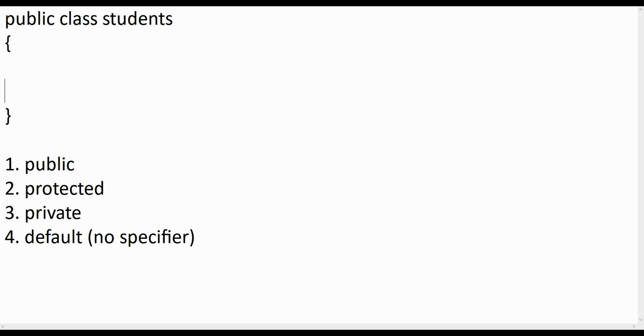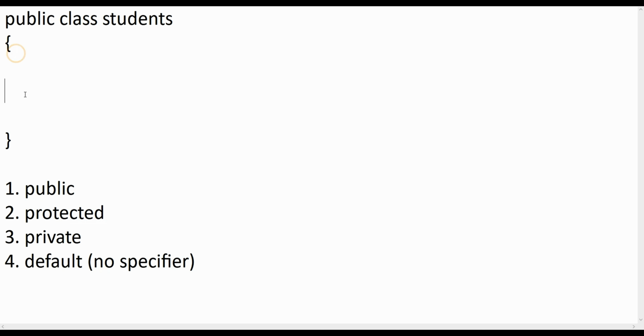Whatever comes within this class comes within these braces. The whole class is defined within these braces. The name, age, role, gender, and all of a class student come within these braces that we defined here. So that's all for this video.